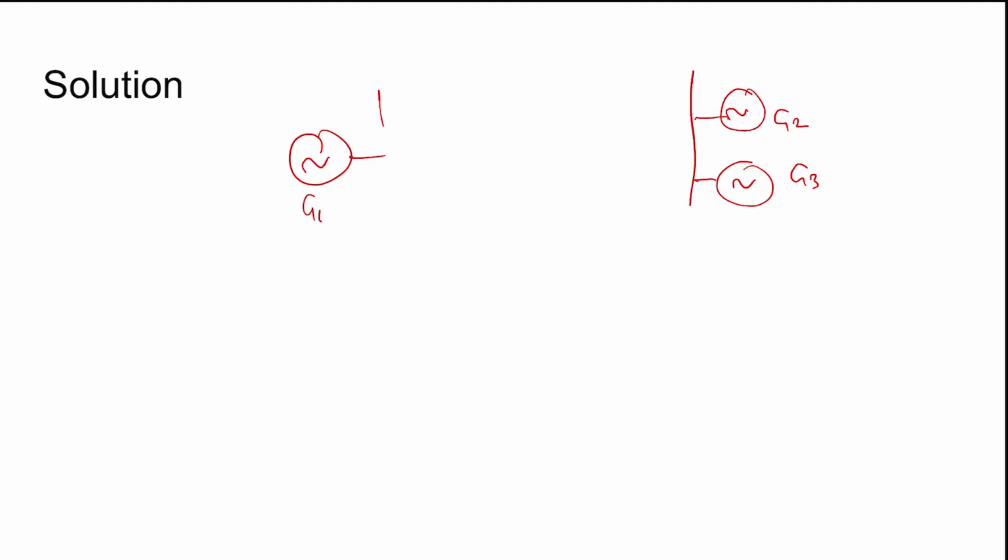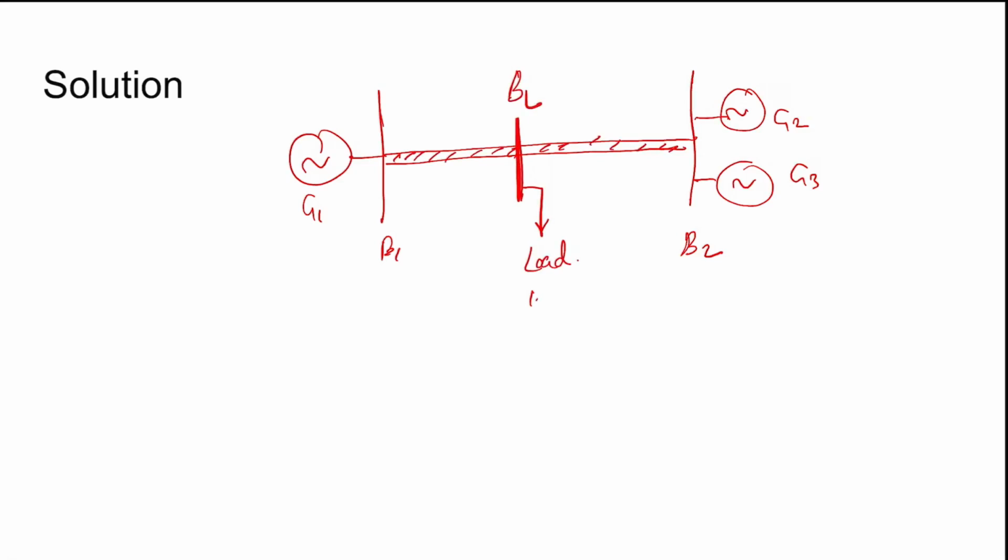Now coming back to the solution, you see that there is generator G1, and generators G2 and G3 connected to a bus bar. This is bus bar B1 and this is B2, and this is the transmission line. To the bus bar BL the load is connected, which requires 120 megawatt power.